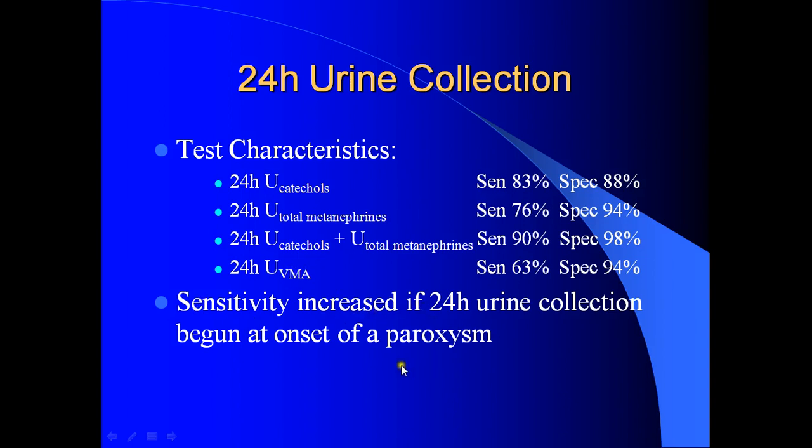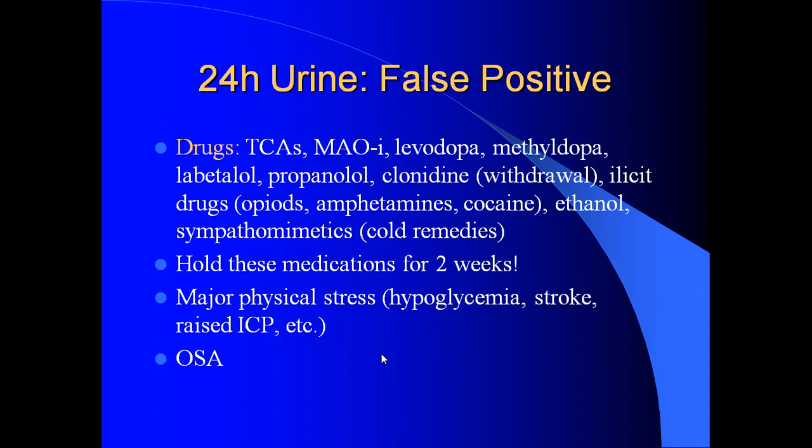Sensitivity increases if this is done at the time of the paroxysm. So if the symptoms have started occurring and you do the test, then the sensitivity increases. The 24-hour urinary test can be false positive if the patient is taking drugs like tricyclics, antidepressants, levodopa, methyldopa, labetalol, propranolol, clonidine, illicit drugs like opiates, amphetamine, cocaine, ethanol, and sympathomimetics for cold remedies.